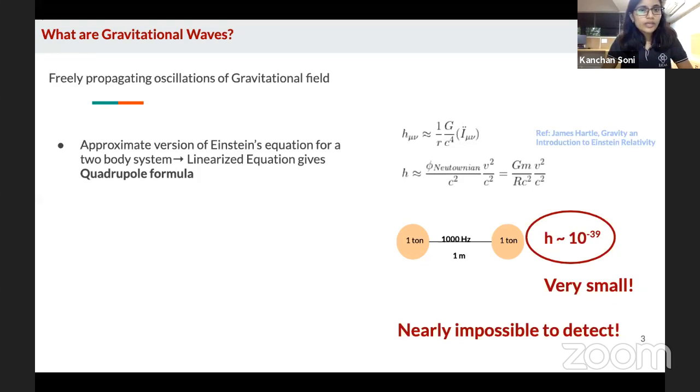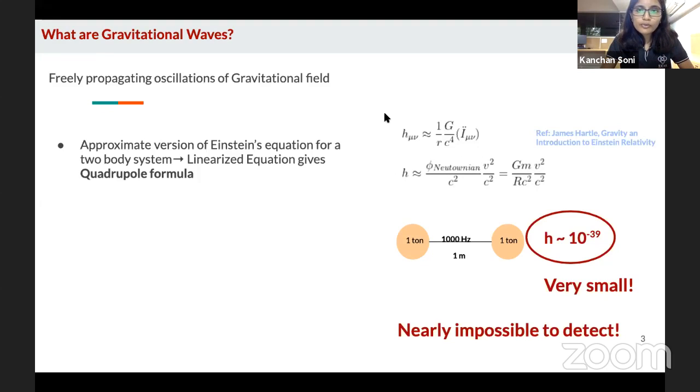So what do we do? Under some approximation, we try to linearize this field equation, and in that linearized equation, we obtain a quadrupole formula, which is similar to a dipole formula in our electromagnetism.